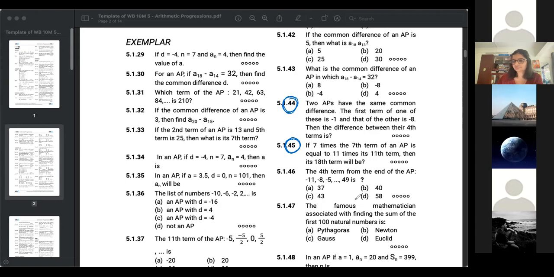Ma'am, I've sent in the answer for 44th. Very good. Okay. Elena got it. Neki, I want to clarify one thing. Numerically, you got the correct answer, but did you take the difference of first AP minus second AP or second AP minus first? Second minus first.